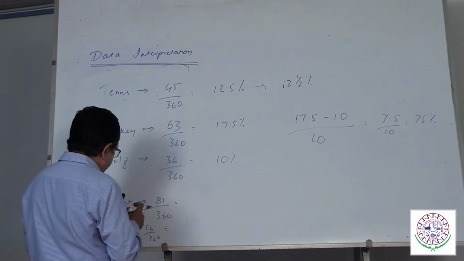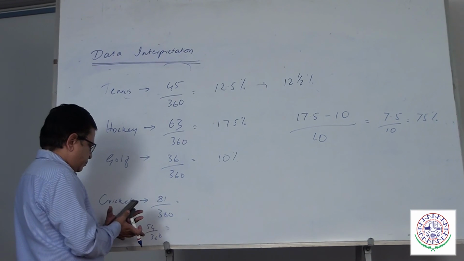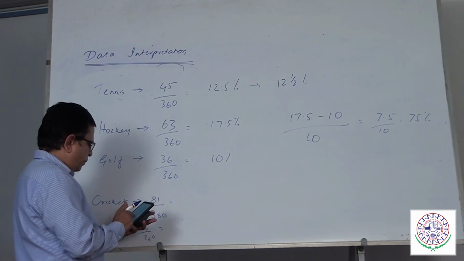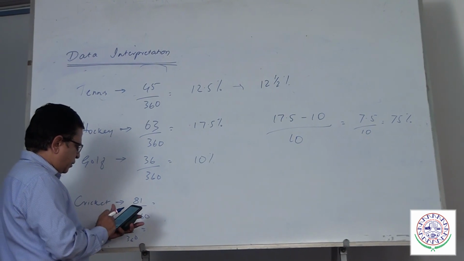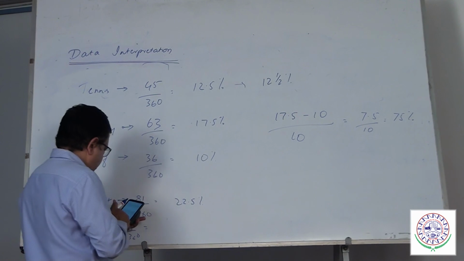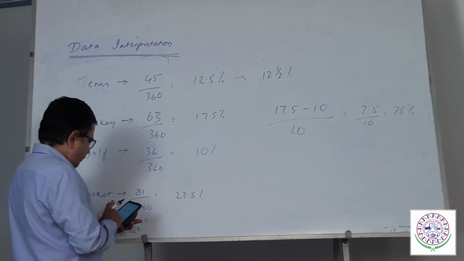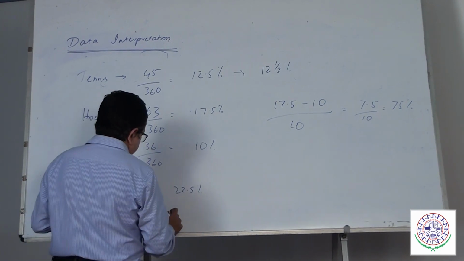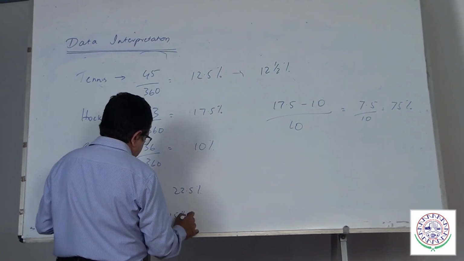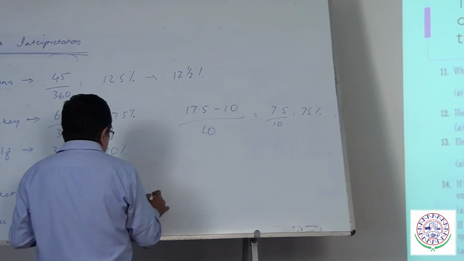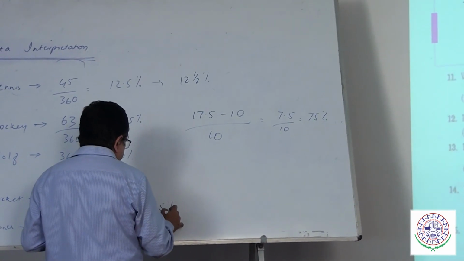So let's get the percentages there. 81 by 360, that is 22.5% of the total spending, and 54 by 360, that is 15% of the total spending. Difference between these two is 7.5%.